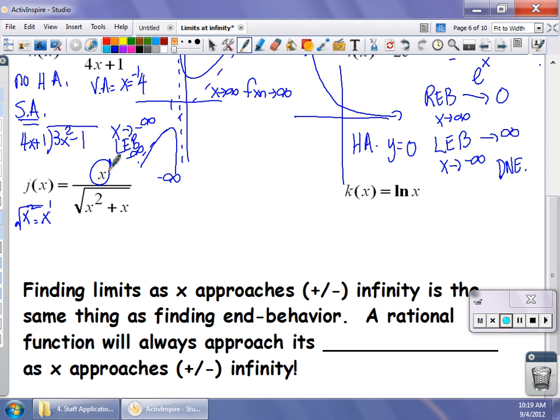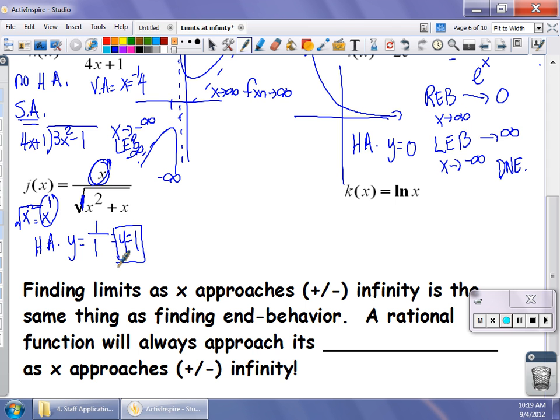So the degree in the numerator and the denominator is really the same. Therefore, the horizontal asymptote is y equal to the quotient of the leading coefficients. The leading coefficient in the numerator is 1. The leading coefficient in the denominator, now be careful, is the square root of 1, which is 1. So that makes it easy in this case. So the horizontal asymptote is y equal to 1.